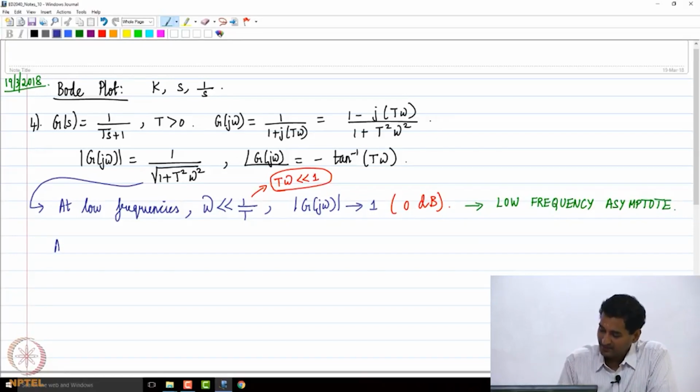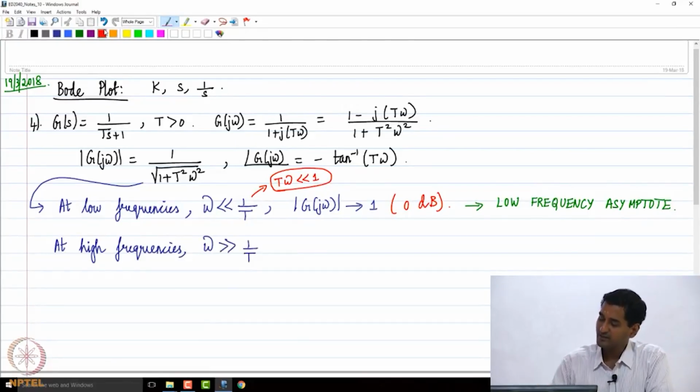Now, at high frequencies, what do I mean by high frequencies? When omega is much, much greater than 1 by T, what's going to happen to T omega? You can immediately see that T omega is going to be much, much greater than 1.